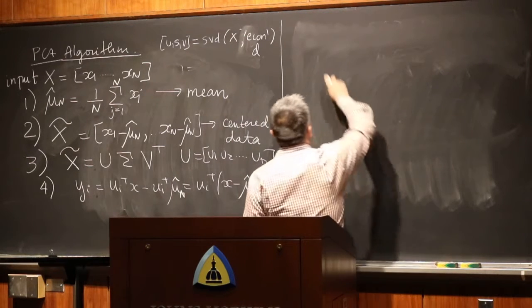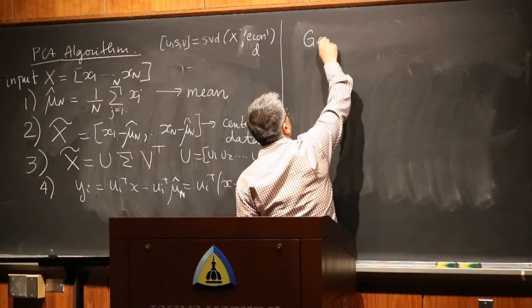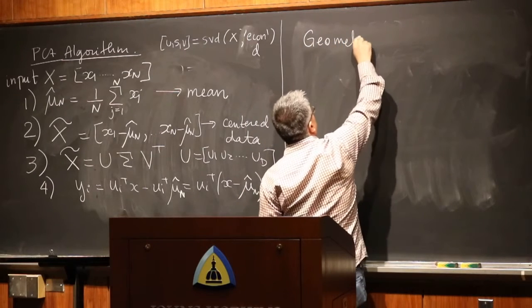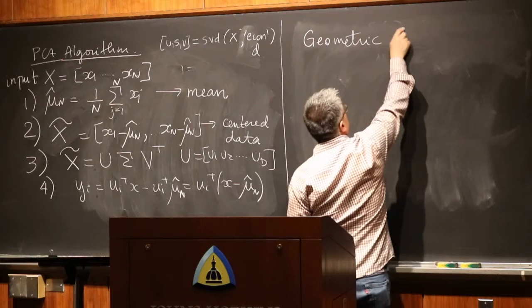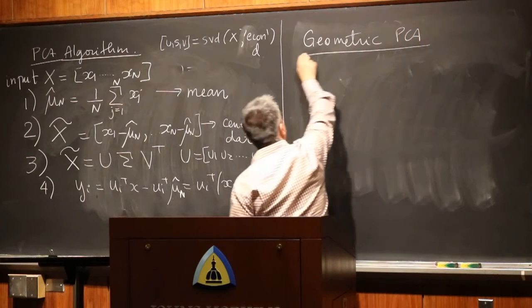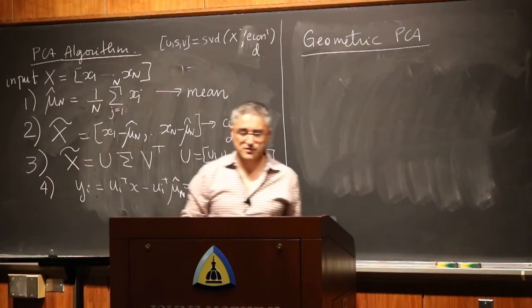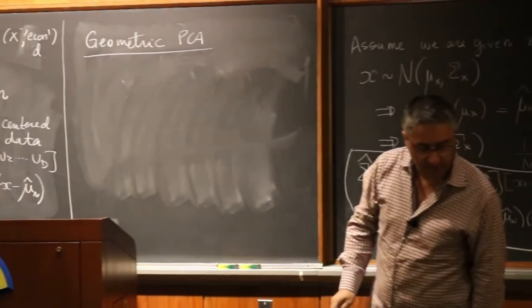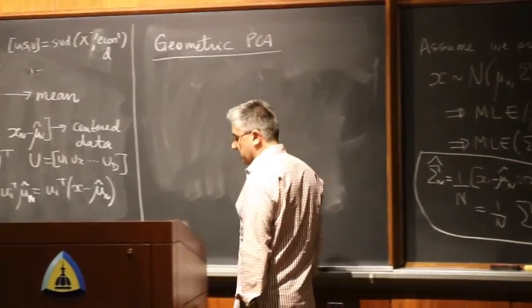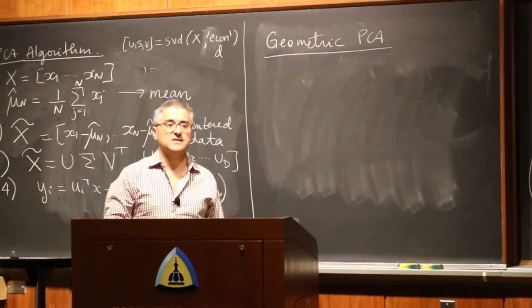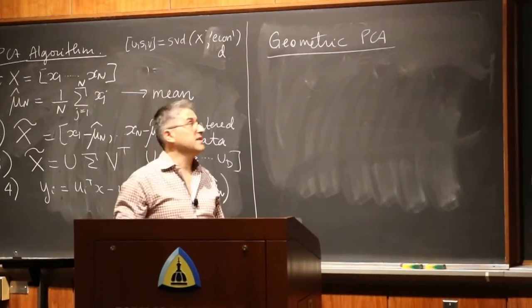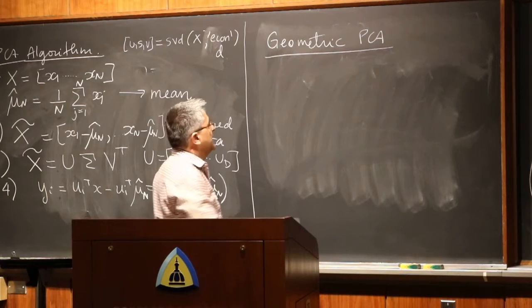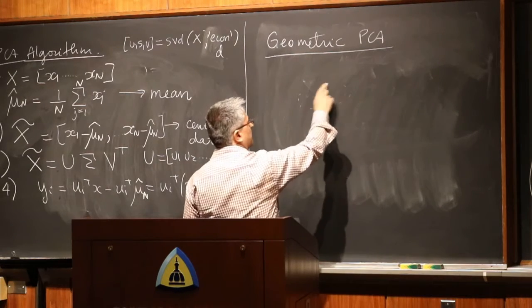Okay, so let me switch gears to the third topic of the lecture, which is geometric PCA. Everything I said so far was sort of statistical. Geometric PCA is a slightly different notion, though the magic of it is that it's absolutely equivalent to what I just said. So in geometric PCA, I've got my data there.